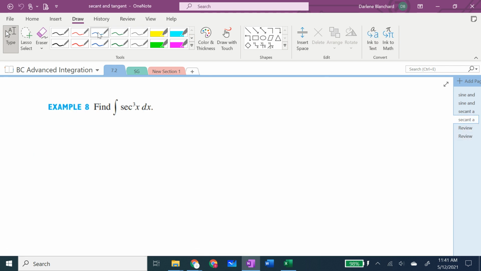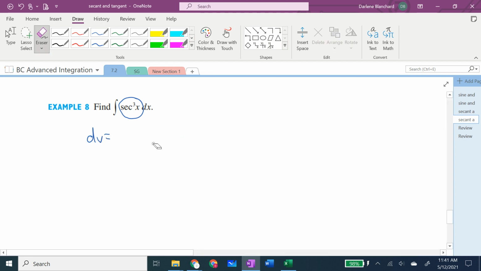So I want to ask you a very important question. If you were to take only part of this and integrate, what part would you take that you know you can integrate? And what did you say? Right.